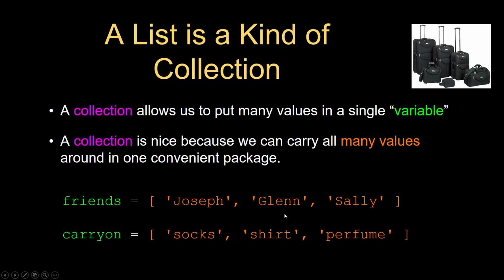So it is holding 3 different values, and they are separated with commas. Carry on is another list, and it has 3 elements as well: socks, shirt, and perfume, and they are separated with commas.